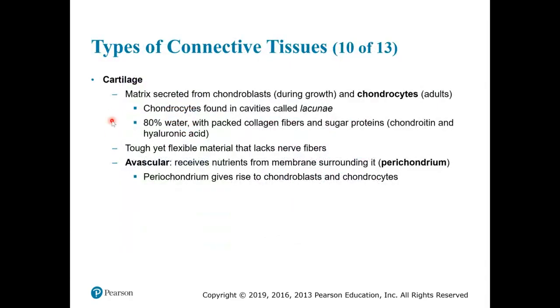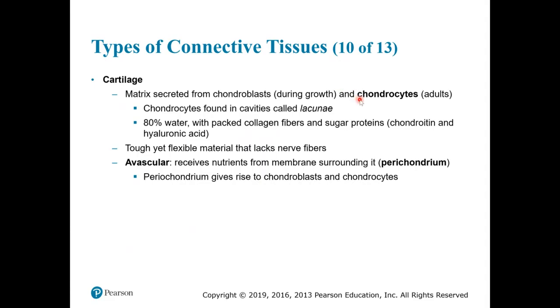All right, cartilage. The cartilage matrix, the background material, is secreted by chondroblasts. When the chondroblast, which secretes the extracellular background, is done, it's surrounded by the material that it just produced.